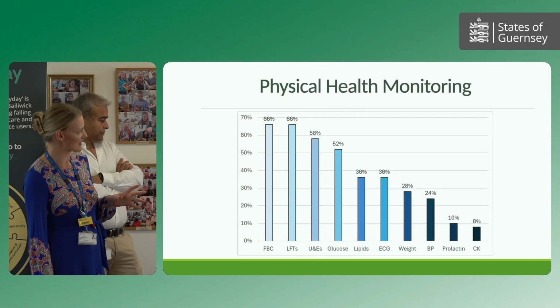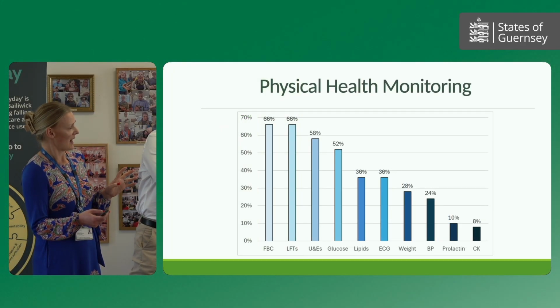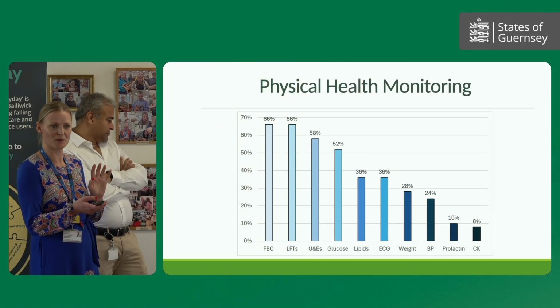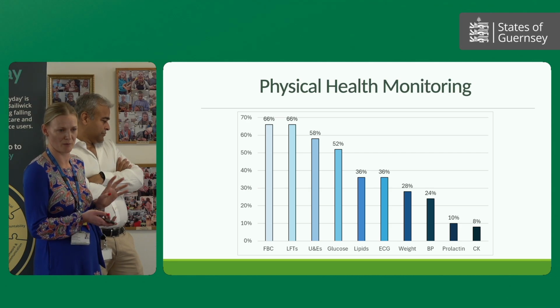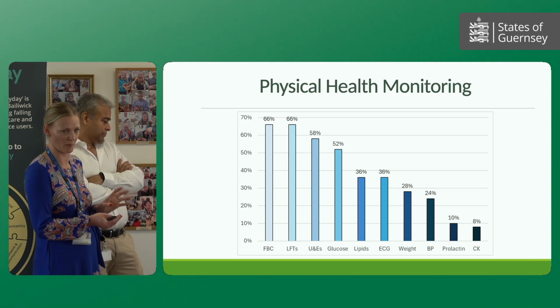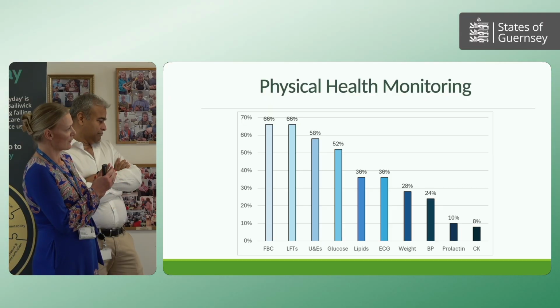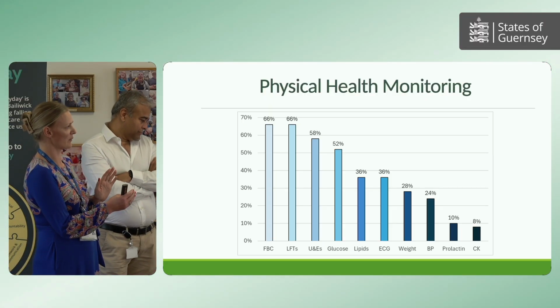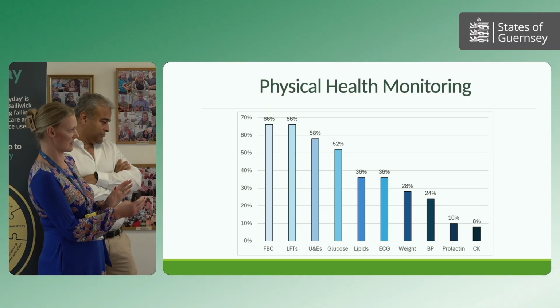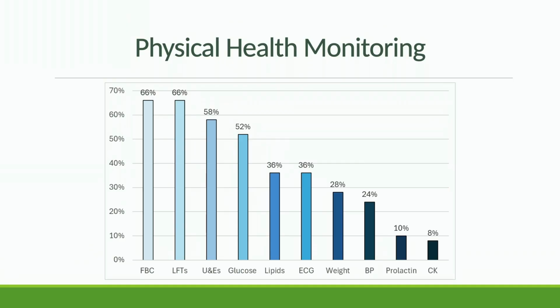And then this was how we'd done with those 50 patients with their physical health monitoring that they should have had done, because they were all prescribed an antipsychotic. So the first 5 are the standard blood tests. 66% is the highest number on that chart for anyone that can't see it.